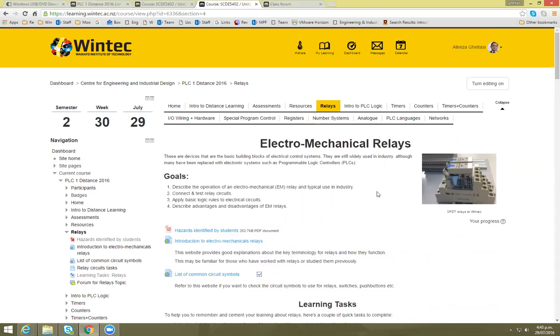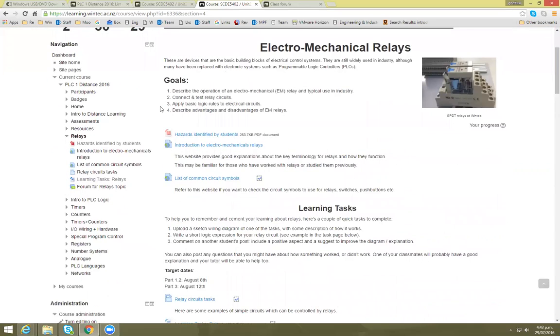PLCs and relays sort of help each other out to do industrial activities. And what we want from this topic, we have these 4 goals for you guys to do.